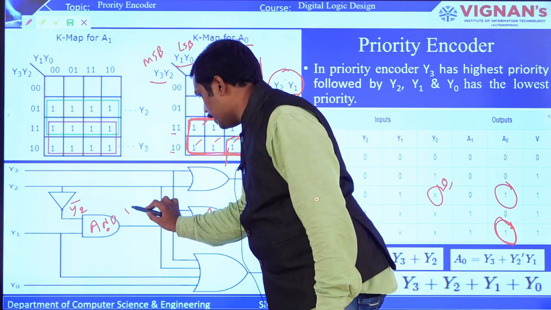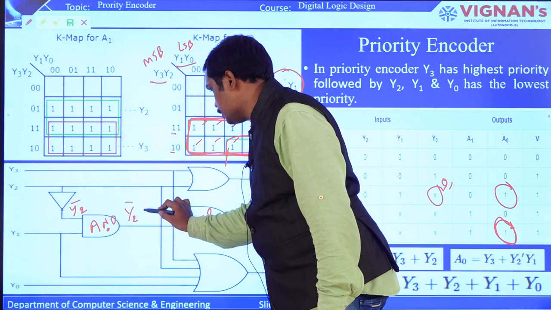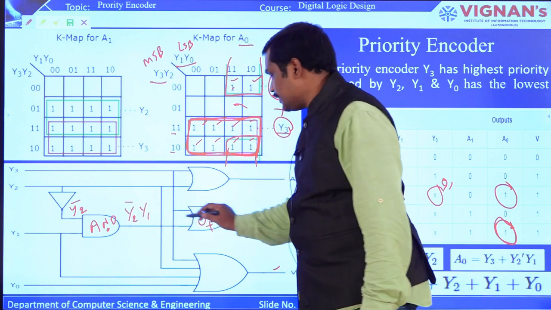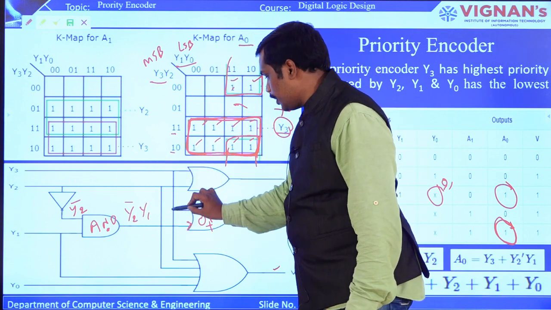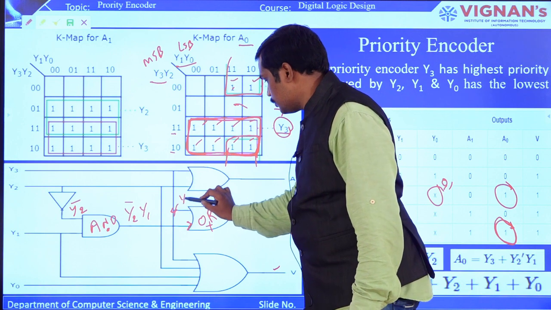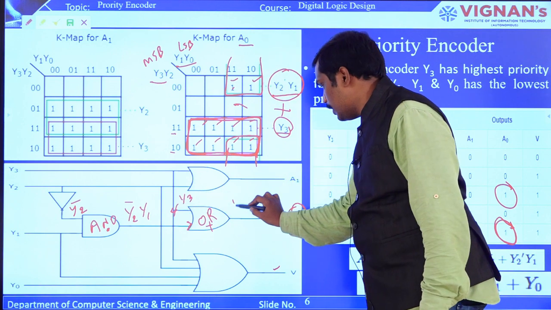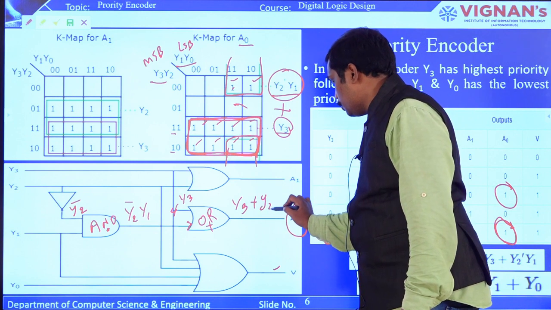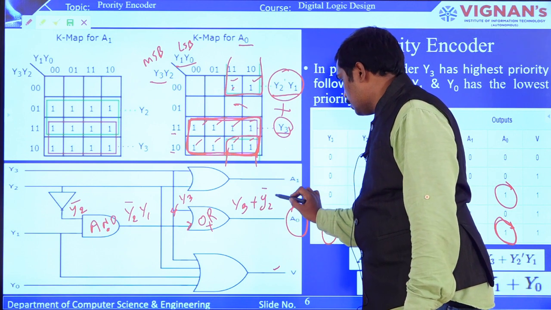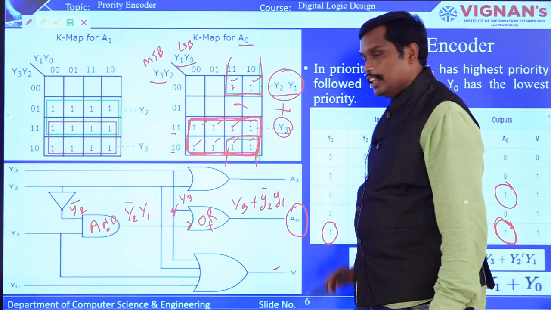So we write it as y2 bar y1, and that is given as an input, and then from y3 you are getting another input, here y3. And now the final expression will be y3 plus y2 bar y1. So this is what A0 is.